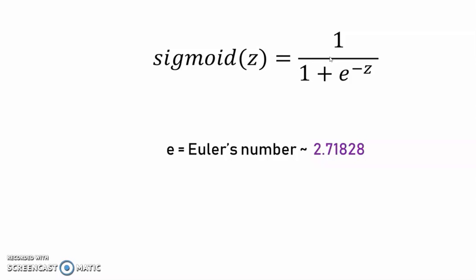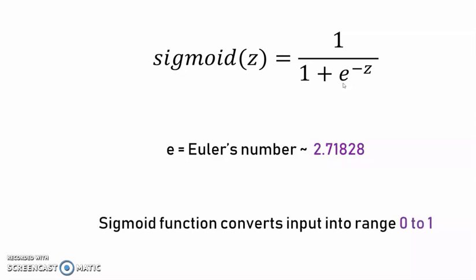Now think about this equation for a moment. What we are doing here is dividing 1 by a number which is slightly greater than 1. And when you have this situation, the outcome will be less than 1, correct? So all you are doing with this sigmoid function is coming up with a range which is between 0 and 1.